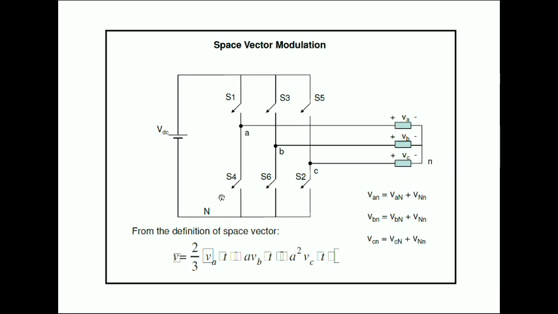So we have VAN and VNN, the voltage between these two neutral points.